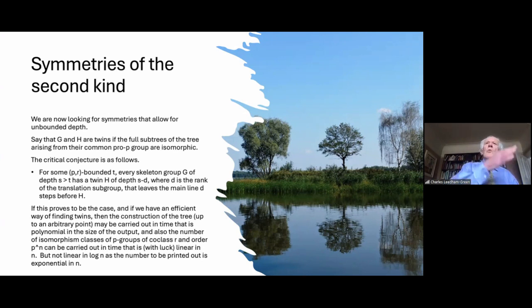You can classify the tree, as I've already stated, if you shave the branches off at a certain depth, and if you arrange that depth to be big enough. Then the hope is this: you take a vertex which is greater than that distance from the main line.